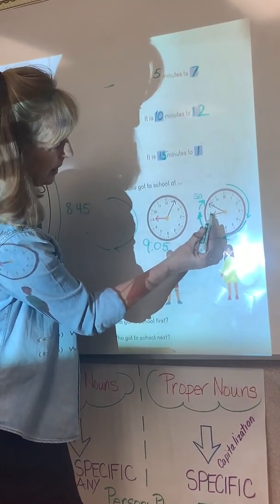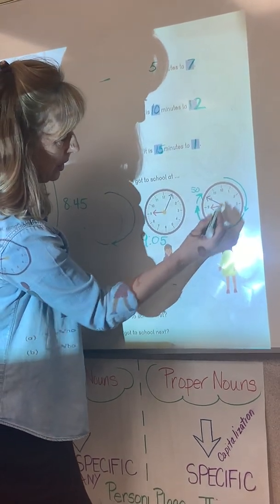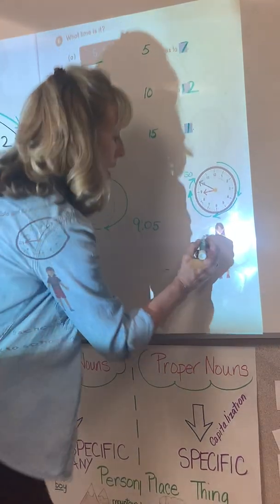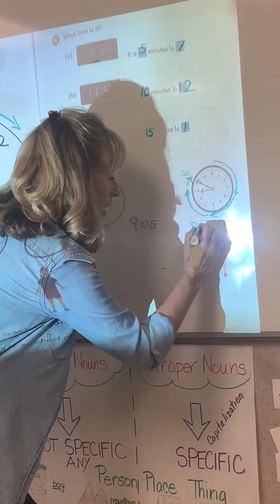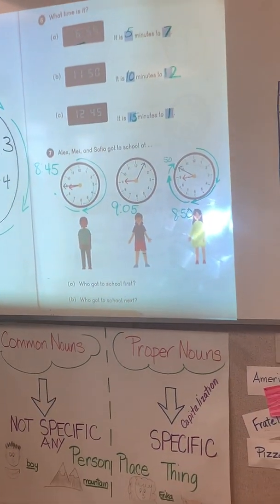It's not 9, is it? It's 8:50 because it started here when it was at 8 o'clock and moved all the way around. That's 8:50, what time Sophia got to school.